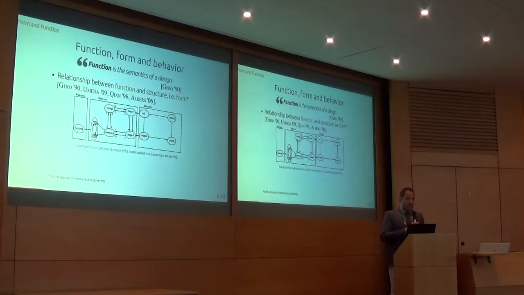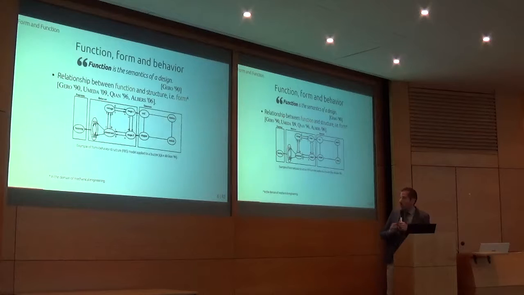The relationship between function and structure has been emphasized throughout the literature. However, functionally relevant structure is still missing in the DMU. Nonetheless, its embodiment, the form, is available, and it provides the first clue towards a functionally significant structure.